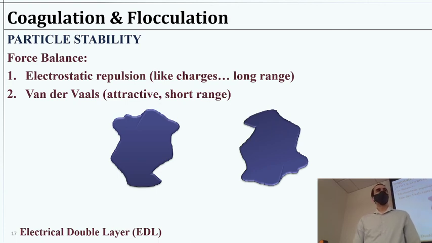So why do particles float around and not stick together in the first place is a reasonable question, because you could see it if you mix some particles into water. Sometimes they'll stick together and form larger particles. Sometimes they'll just stick to the edges of the bottle or the cup, or sometimes they'll just sit there and float.